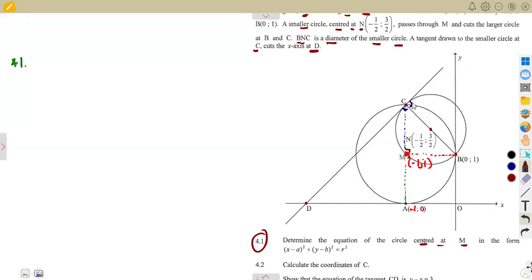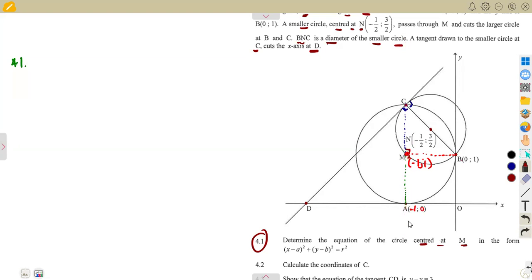This is something you are supposed to have put into consideration. Remember the concept, a diameter subtends an angle of 90 degrees. So the line from M to B and the line from M to C are perpendicular to each other. If they are perpendicular, it means CMA is a vertical line.